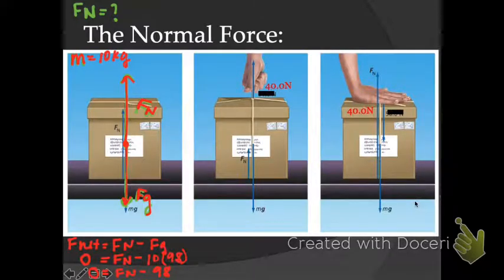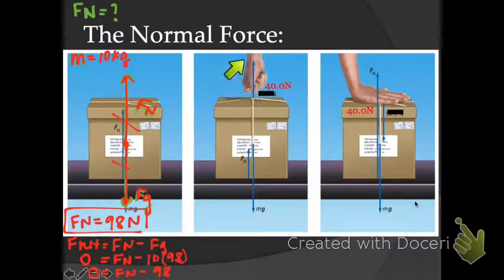I add that to the other side, and Fn equals 98 newtons. When these forces are equal, you don't have to go through that whole process, but I want you to see how we got there. When it's not moving vertically and there's no other force acting on it, gravity and normal force have to be equal.